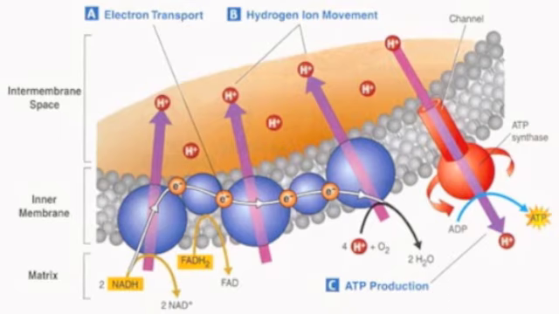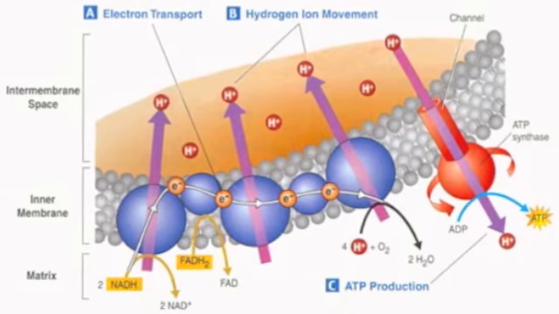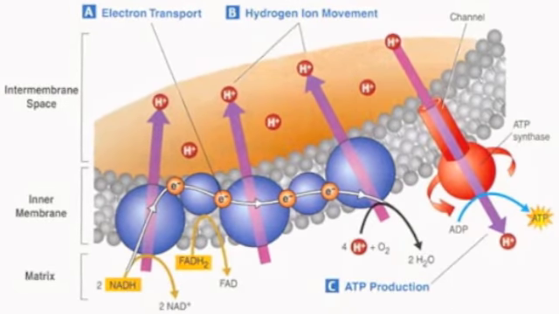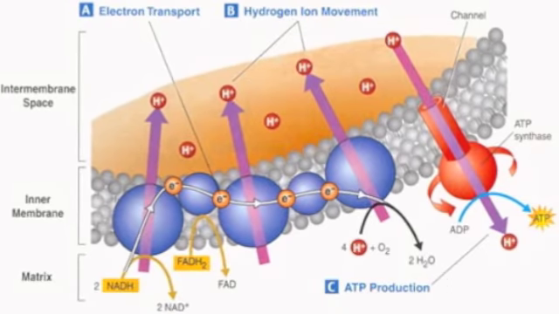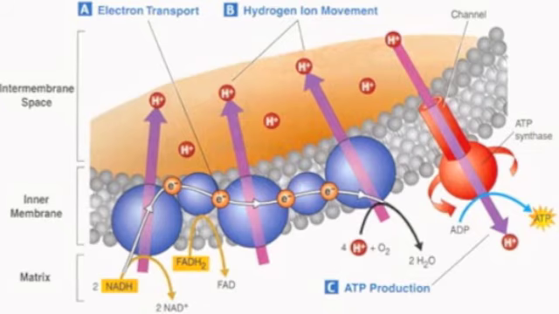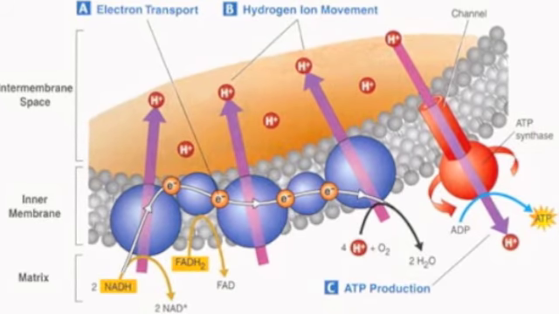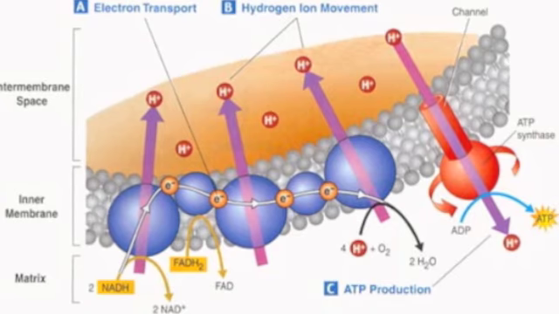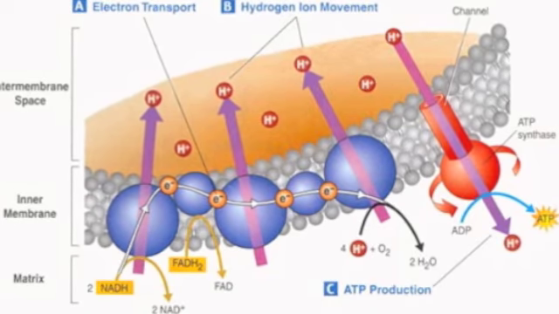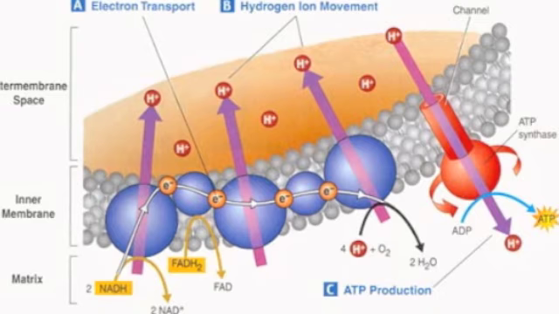The electron transport system is where H+ carriers, FADH2 and NADH, give off their H+ atoms, which split into electrons and protons. Electrons go from one electron carrier to the next. These are enzymes and proteins that are called cytochromes. In the terminal or last cytochrome, oxygen is reduced to water by electron gain.